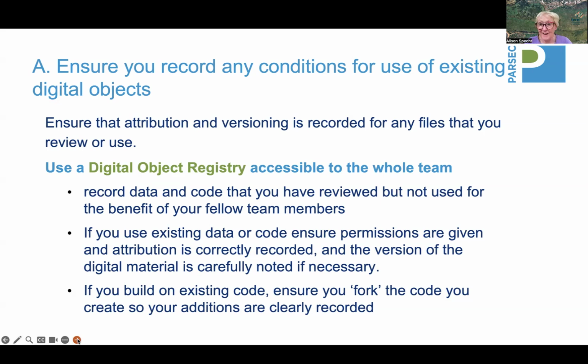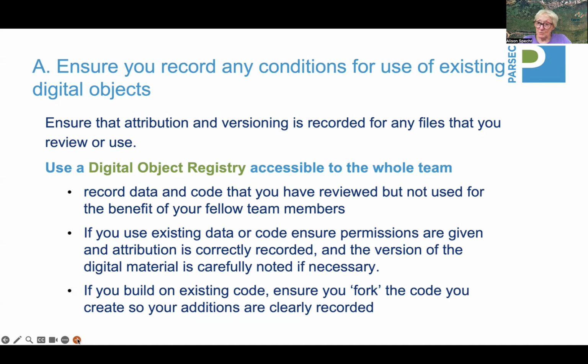You can email them if you like, just to say, oh, I'll put it up here. But if you actually use them, this is the time to put it in the registry, what the permissions were, who the contact person was, and the version of the material that you accessed. Because often, for example, you use a code, you've got the permission of the owner, who is forever updating the code, and you publish a paper that was a fork from code version 3.